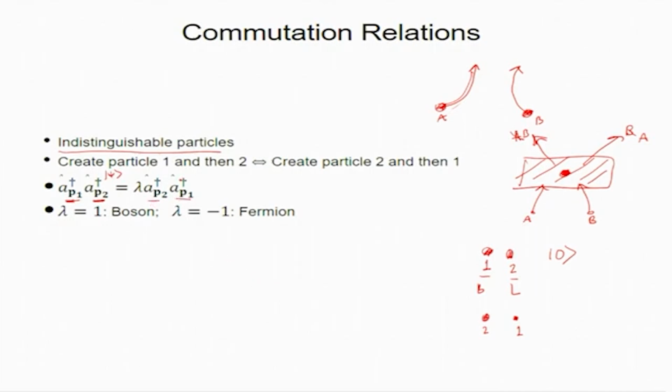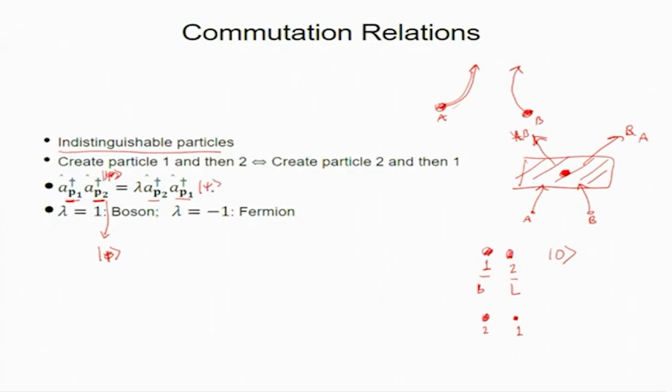These are creation operators. So these 2 operators will do the same thing on the state. So this acting on psi will give you a new state, psi prime or phi. Well, now this phi state has two additional particles, right?